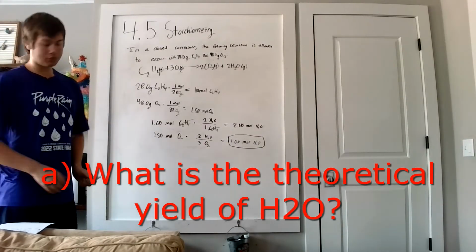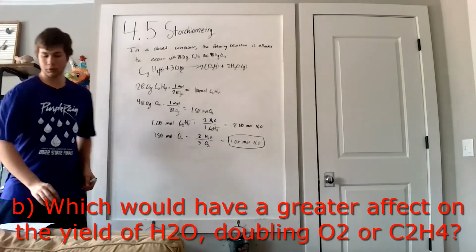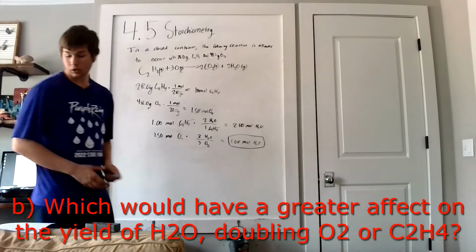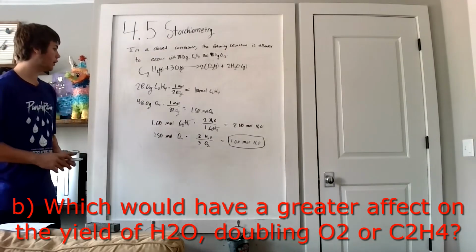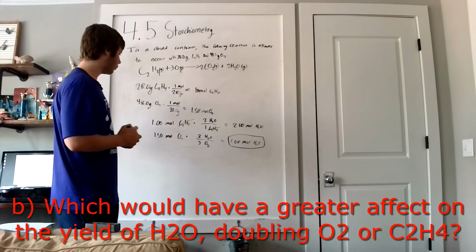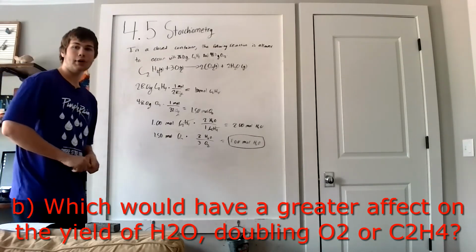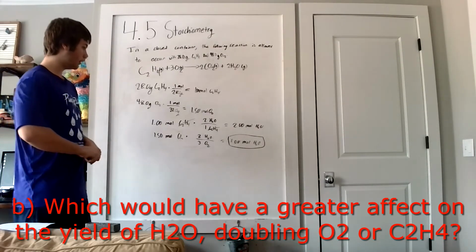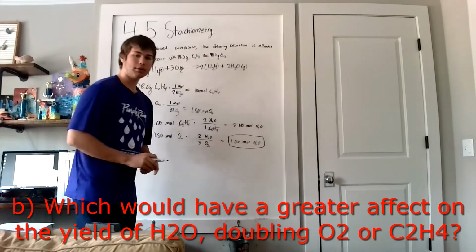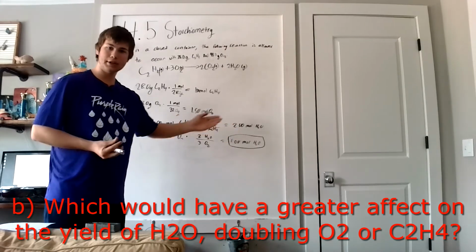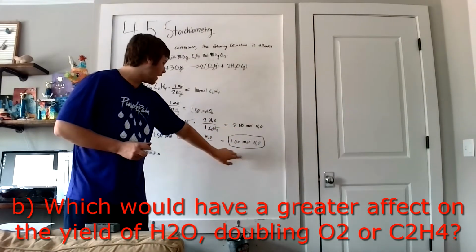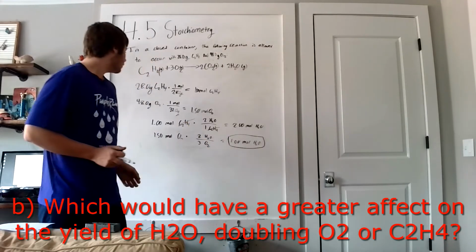So now, which would have a greater effect, doubling O2 or C2H4? If we double C2H4, it's going to do absolutely nothing. Why? Because all you're doing is increasing this number, and this number wouldn't make sense to increase because this is lower. So this is going to be the actual amount that we're going to produce.